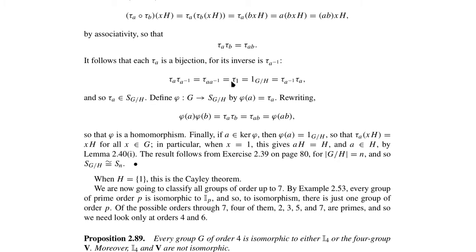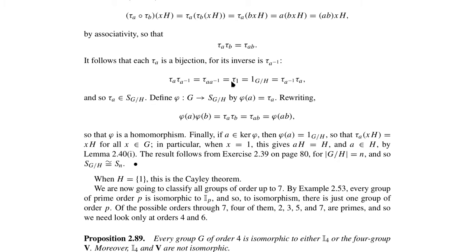So essentially when you have elements in the kernel, they're going to map to the same cosets, right? And if you have X as 1, then you're just going to get the subgroup back, right?